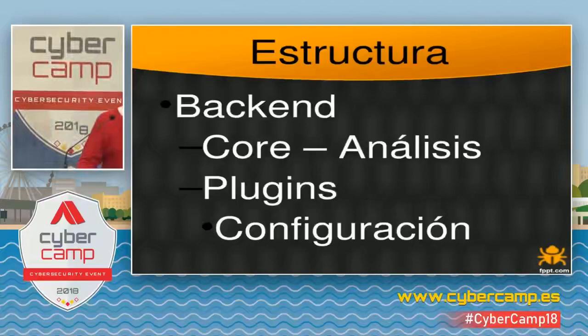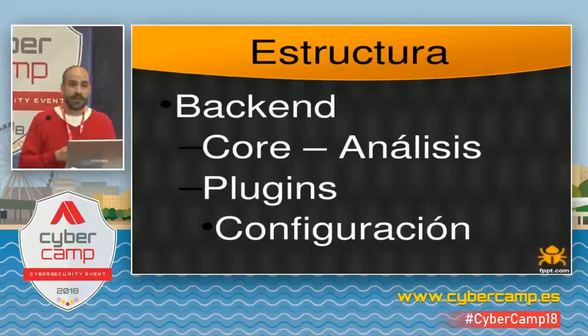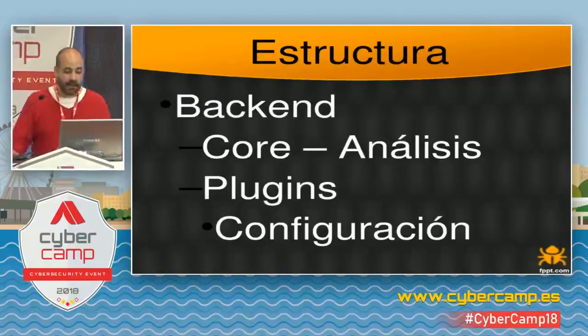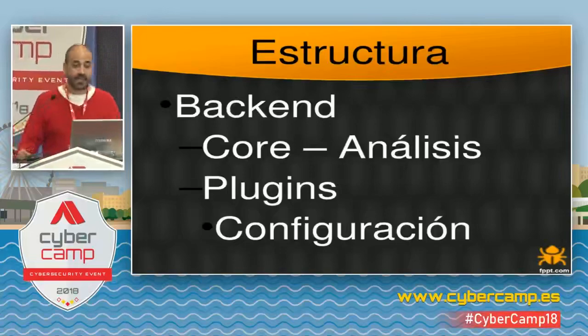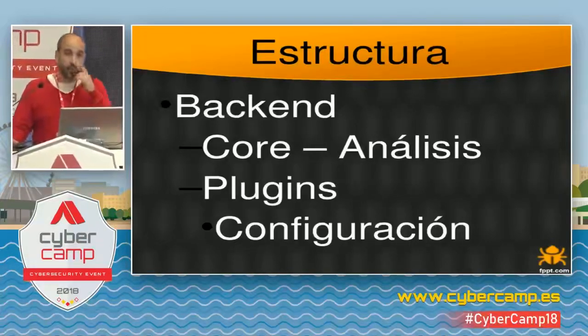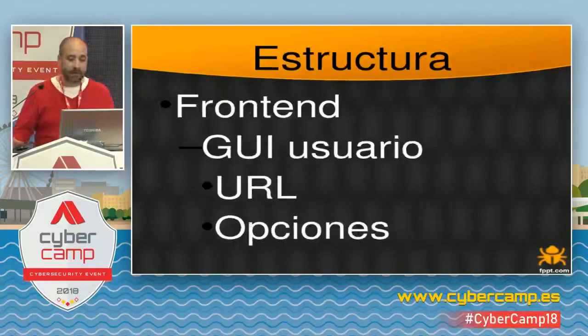We've got a tool now with a backend made up by the core that connects up to the websites and collects data for further analysis at the backend. We also have the plugins all structured in files, and then we also have a directory with configuration, or settings, for each plugin.